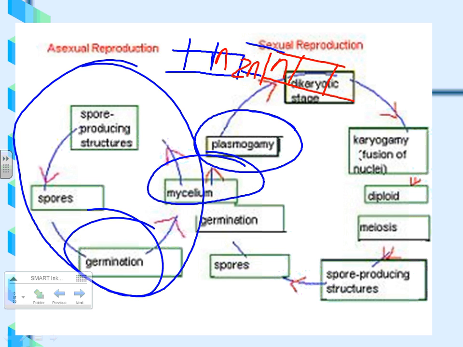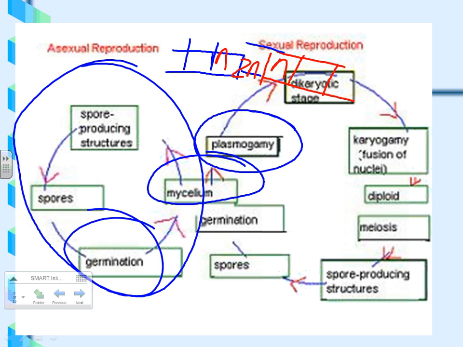That's the beginnings of fungal sex. Is this for all of the fungi? Just about all of them, except that neuromycetes group. No, it's pretty much for all of them. All right, so plasmogamy, fusion of the cytoplasm.